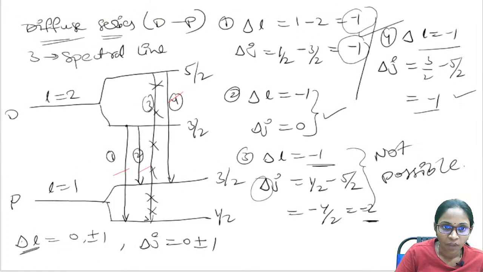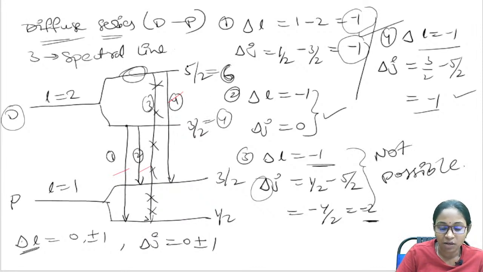Let's see. In this diffuse series, here in this level you can fill 6 electrons, and here you can fill 4 electrons. I will give you a trick here: in the numerator we have 5, you just add +1 to this.